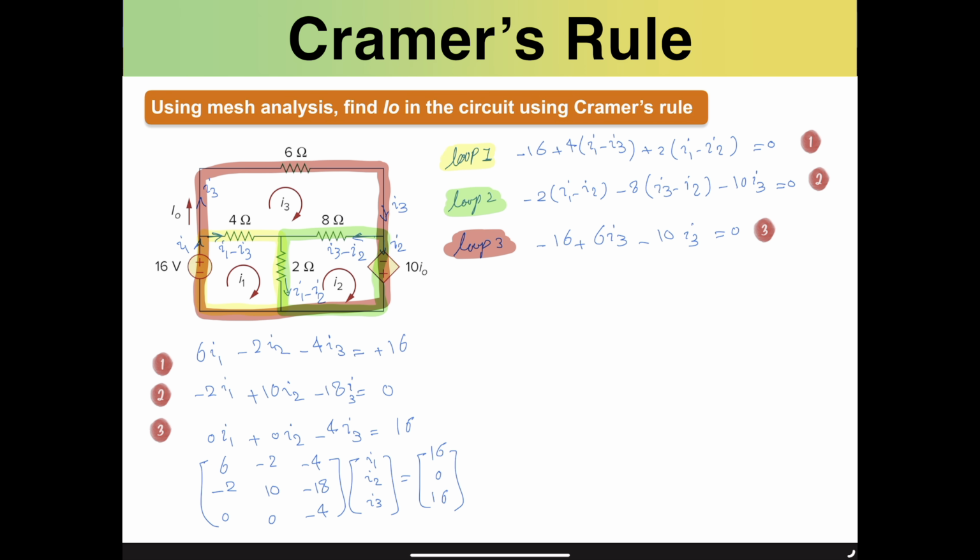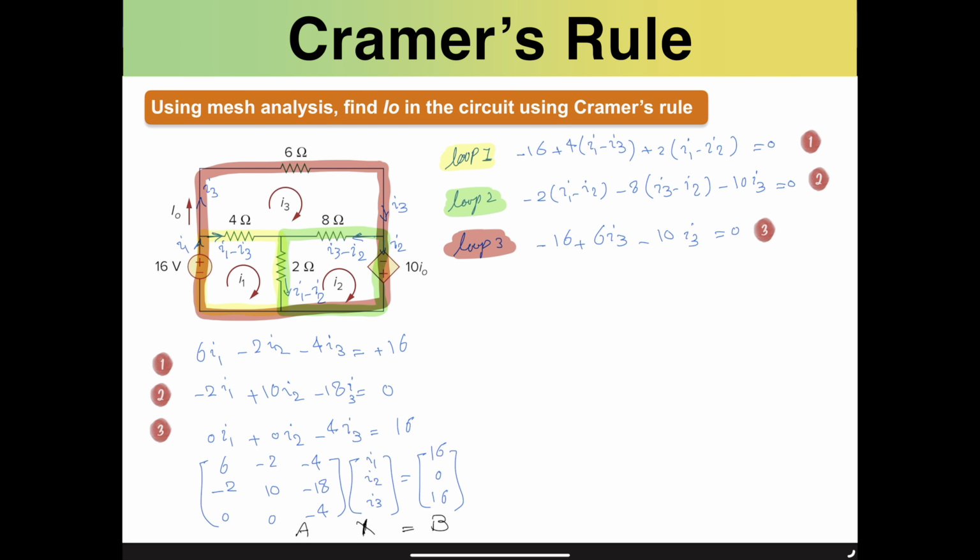Essentially, we can simplify that as matrix A times matrix X equals matrix B, for instance. In this case, matrix X is simply the unknown variables that we were looking to find. B is the results of each equation, and A is simply the matrix of coefficients.